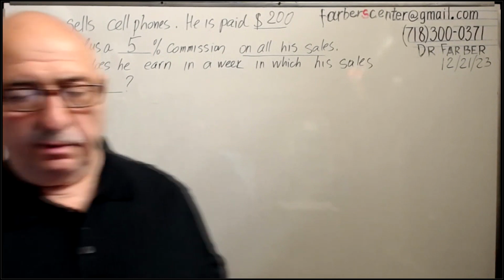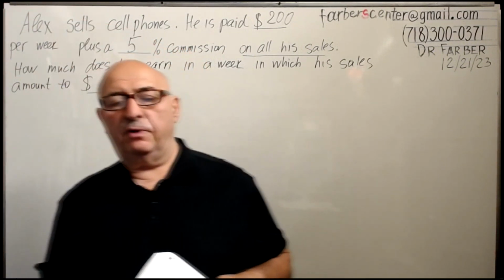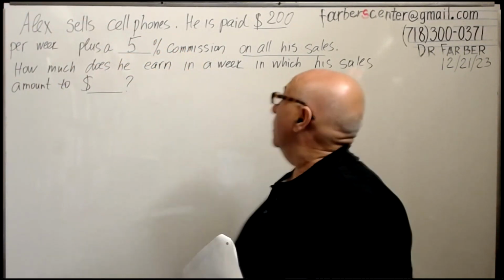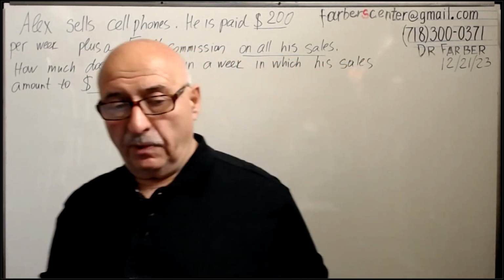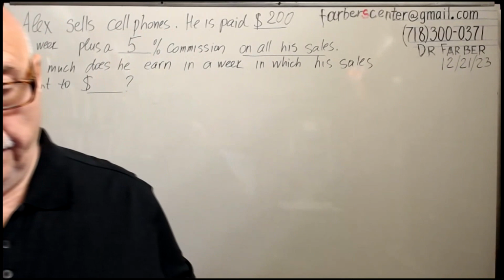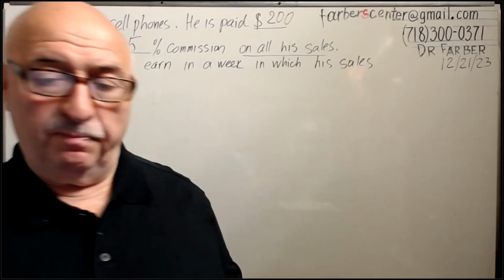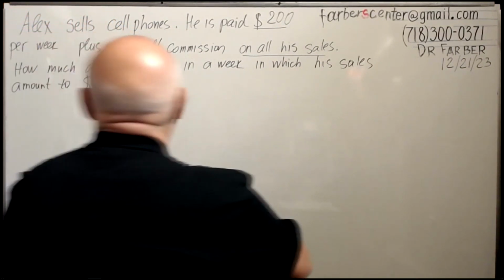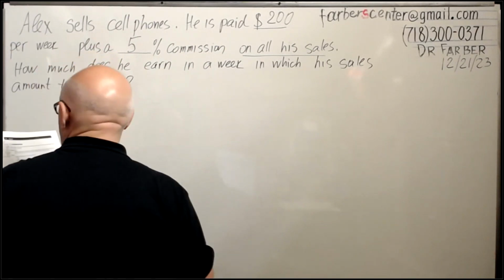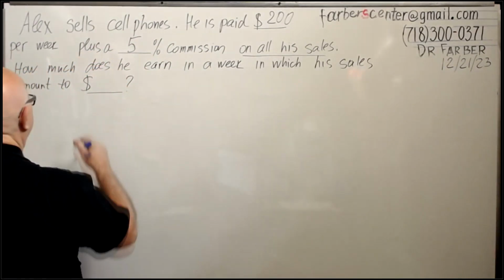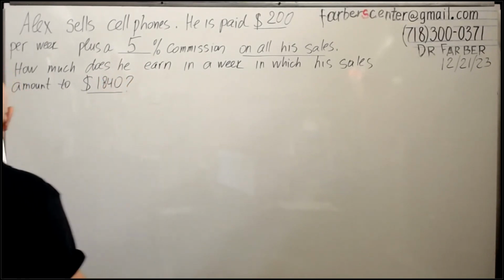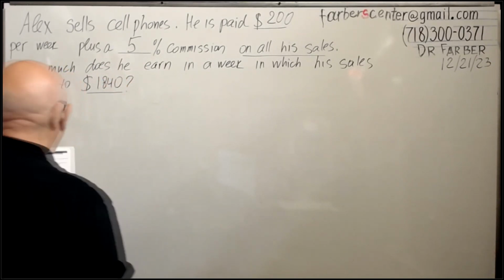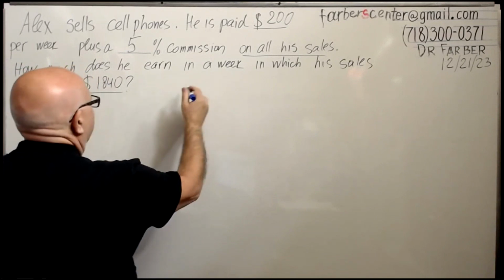Makes sense, right? Can you give me another situation when it is not all his sales? Another idea? Okay, we'll see another problem. Pretend this is $1,840. How to solve this kind of problem?